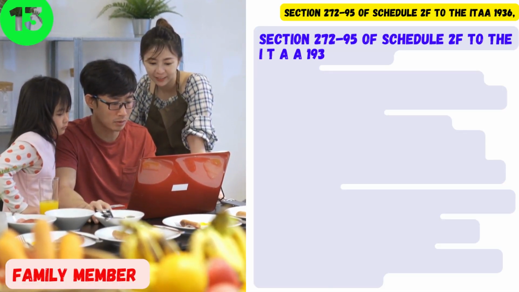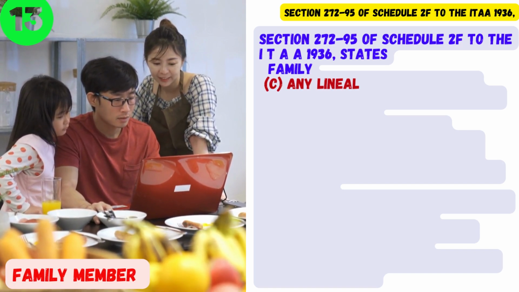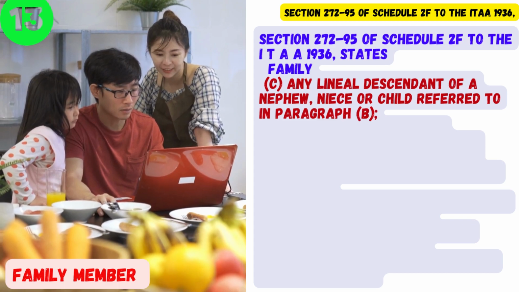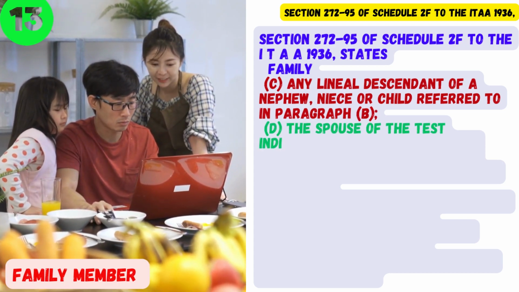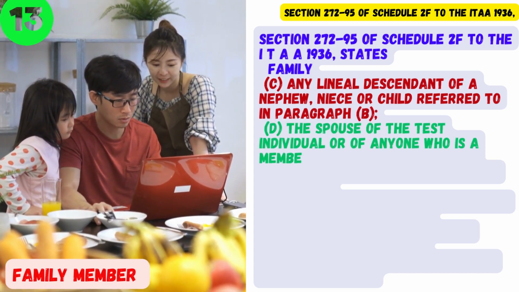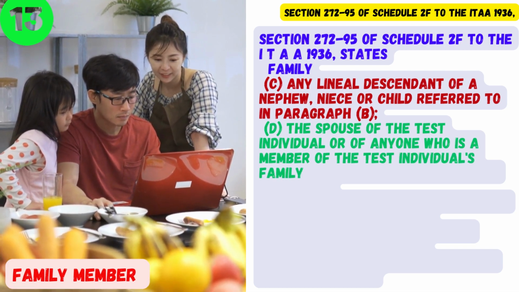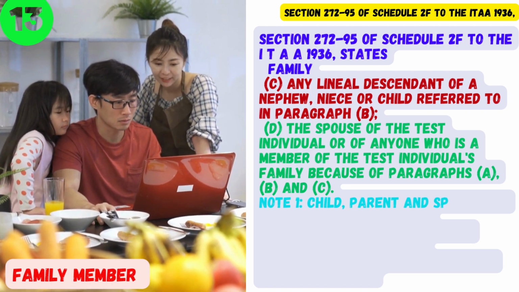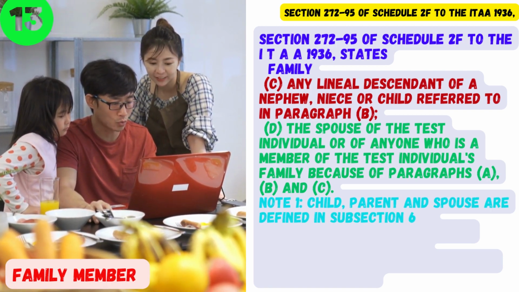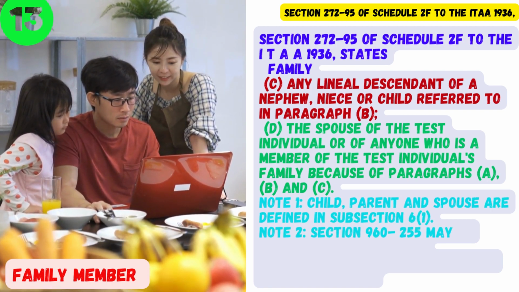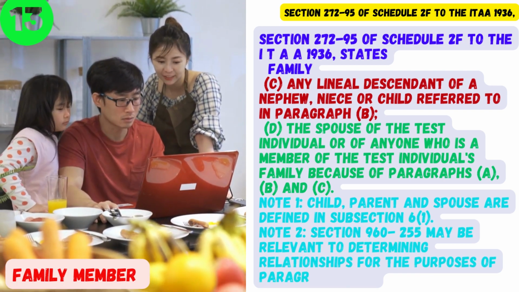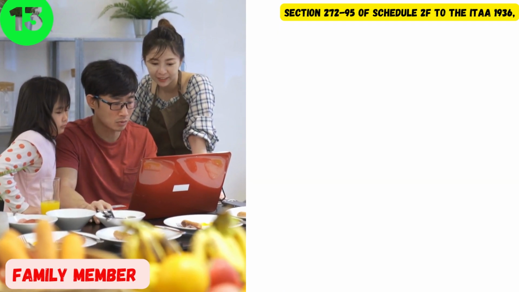C. Any lineal descendant of a nephew, niece or child referred to in paragraph B. D. The spouse of the test individual or of anyone who is a member of the test individual's family because of paragraphs A, B, and C. Note 1. Child, parent and spouse are defined in subsection 6(1). Note 2. Section 962-55 may be relevant to determining relationships for the purposes of paragraph 1A.